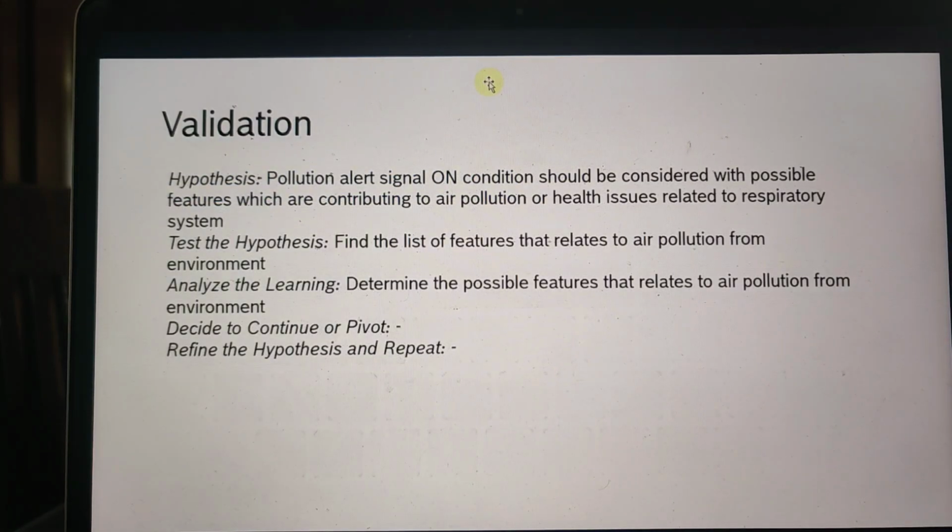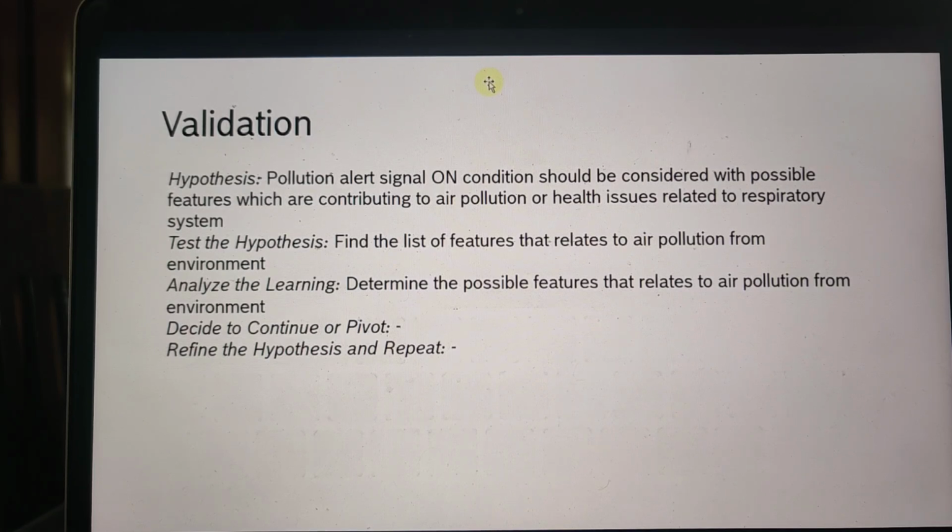The next one is the validation plan. The hypothesis is that the pollution alert signal condition should be considered. Here the possible features we need to consider are those contributing to air pollution or health issues affecting the human being. We need to create a plan of the possible features we should consider as important while predicting the output.